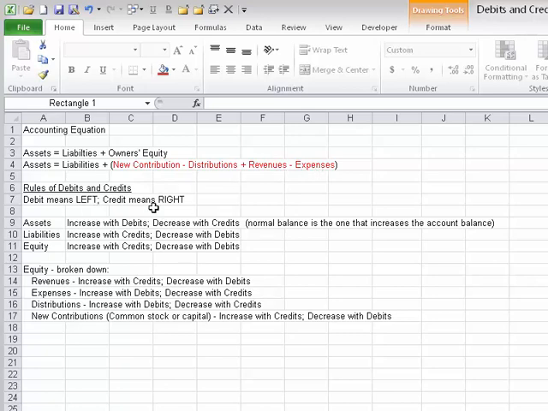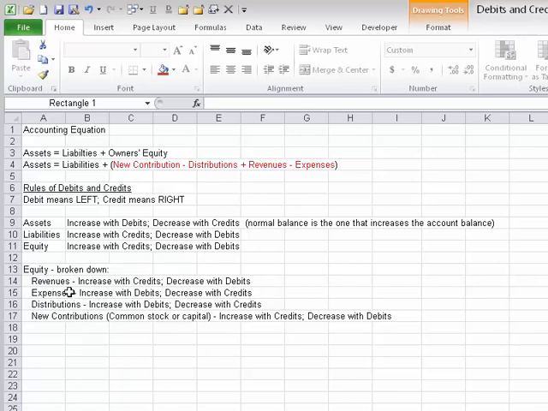Debits mean left, credit means right, and the rules of assets, liabilities, and equity are that assets increase with debits, they decrease with credits, and the normal balance is the one that always has the increase side, right? Liabilities and equity go the opposite way. They increase with credits and decrease with debits.